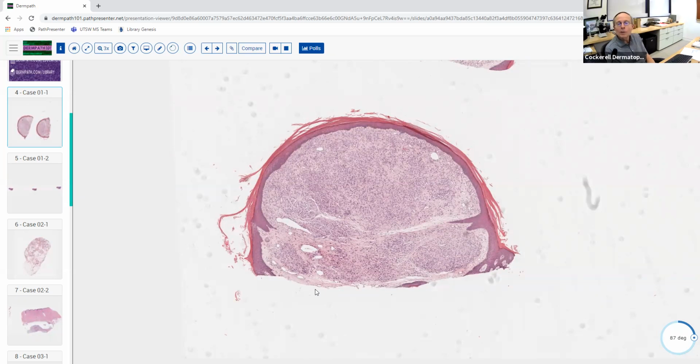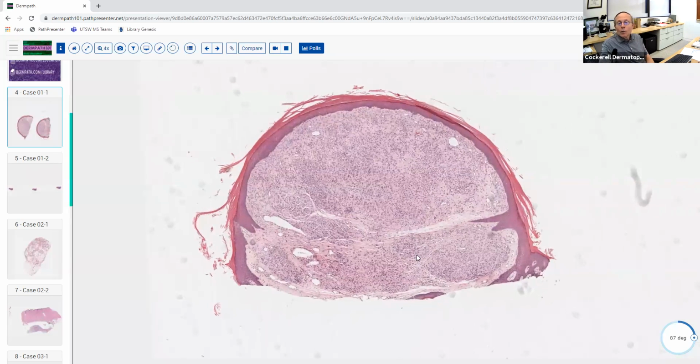That's one clue that you can use, but you can get epithelial neoplasms that don't touch the epidermis, like metastatic squamous cell, for example. So mainly, if you look at the cells themselves, you look to see if they're recapitulating one of the normal epithelial structures that lives in the skin. So it doesn't look like the epidermis, does it?